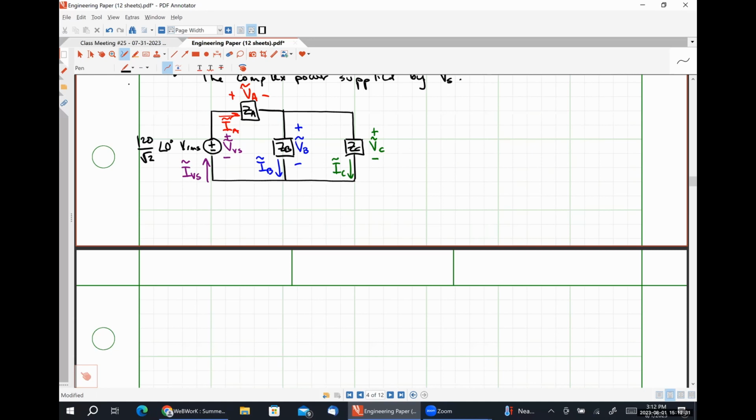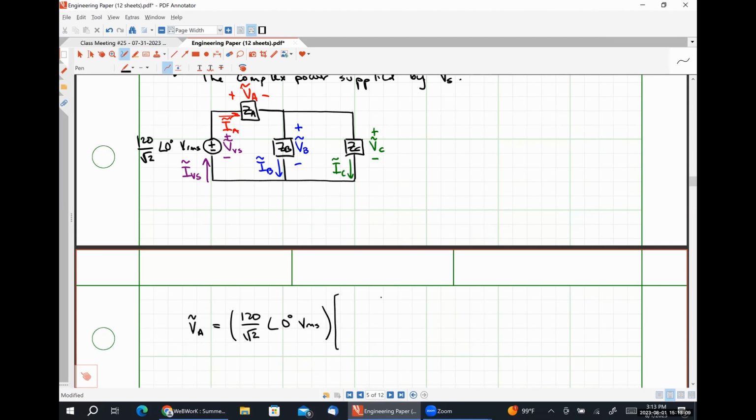Okay. I don't think there's anything wrong with that strategy procedurally. That being said, I believe we could be a little bit more efficient. And so let me explain what I mean by that. If I were trying to solve for VA, I would do that using voltage division from the jump. So I could solve for VA in this particular circuit by taking my known voltage drop, which is 120 divided by the square root of 2, angle 0 degrees, volts RMS.